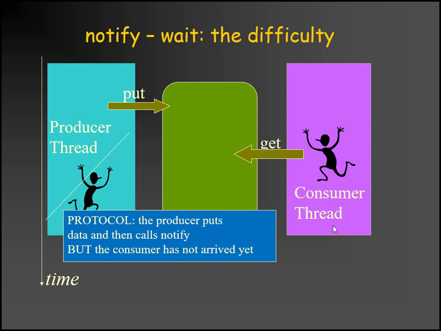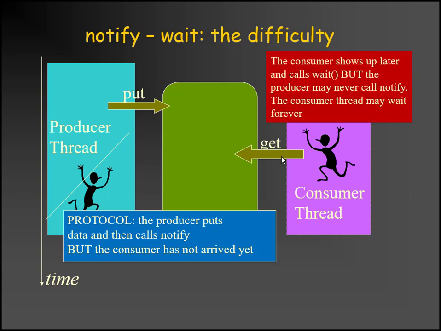Now, the problem is the consumer comes along, and its protocol says, well, before I actually get the object, I call wait. So the consumer now calls wait. But the producer may never show up again with some data.